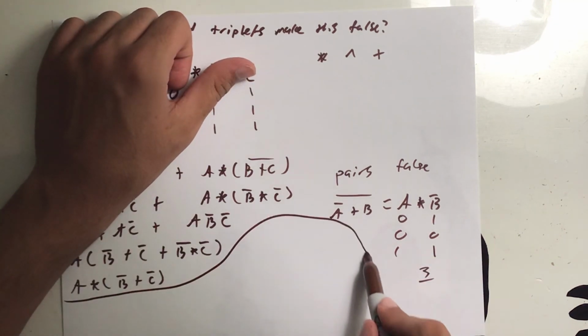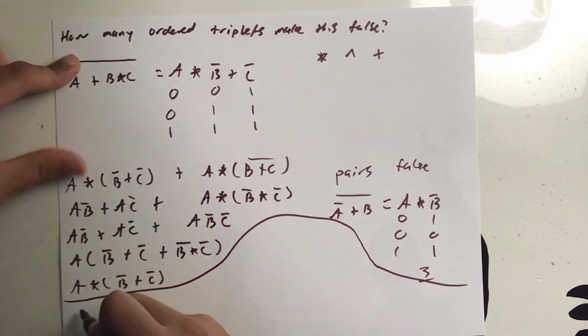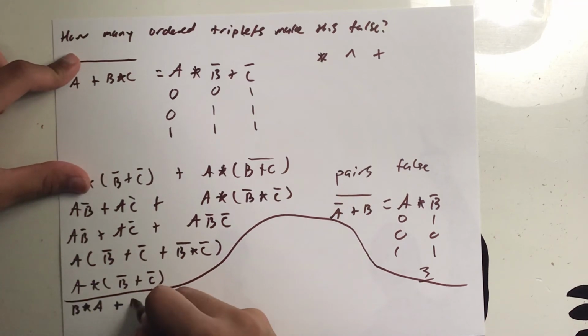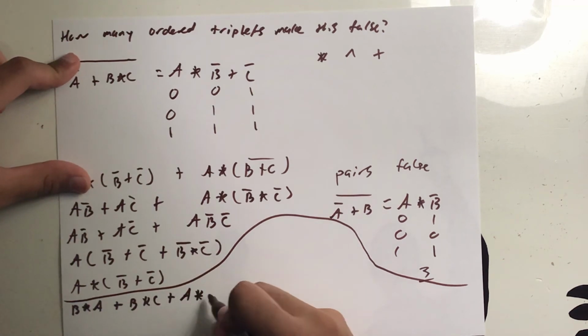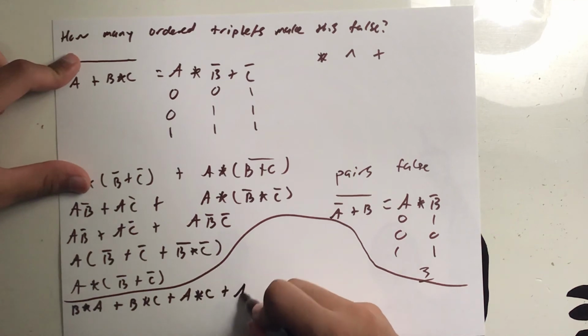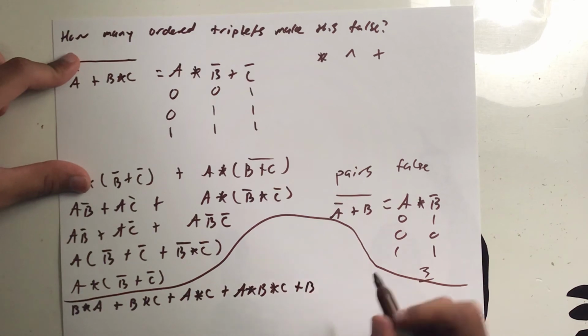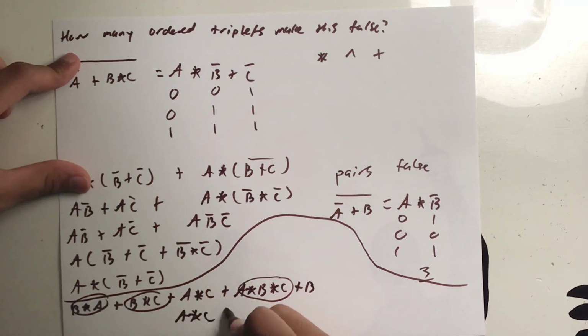Let's say we had B times A plus B times C plus A times C plus A times B times C plus B. Well, we have this lone B here, so it's going to absorb anything that also has a B with it. So it's going to absorb this guy, and this guy. So the answer is just A times C plus B.